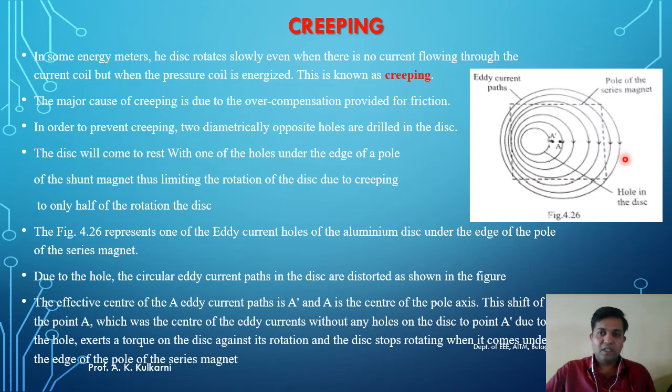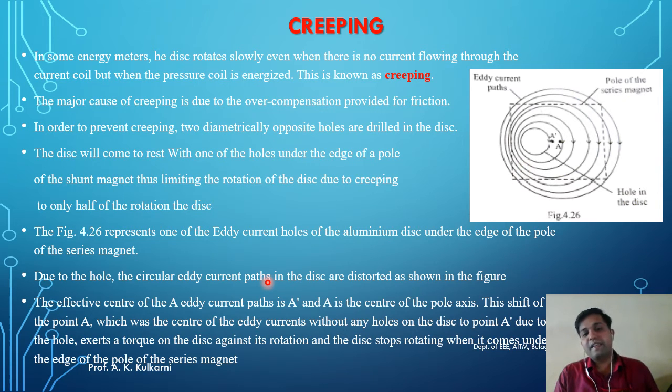If all the loads are turned off, one of the holes will come in contact with the shunt magnet and make it stop. The disc will not rotate by itself.